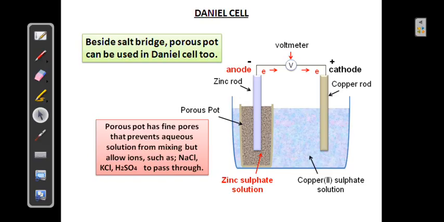So the porous pot, which has fine pores, will prevent the aqueous solutions from mixing, but allows ions such as NaCl, KCl, H2SO4 to pass through.